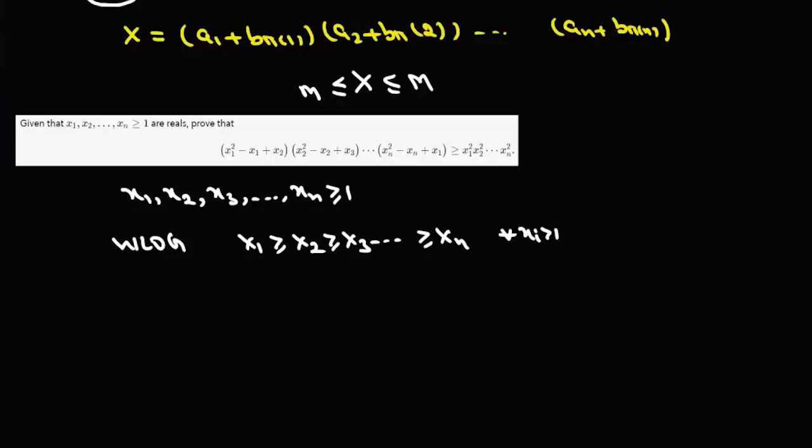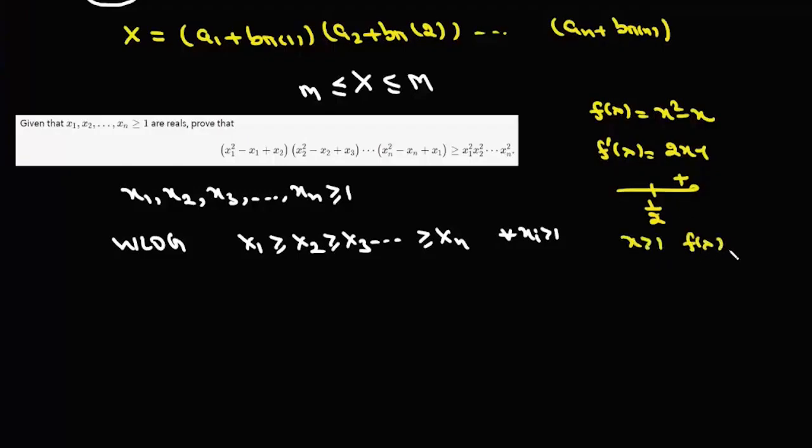Now if we consider this function f(x), which is x square minus x, then f dash x is 2x minus 1. Here the critical point is 1 by 2, it is positive. So whenever x is greater than 1, this f(x) is an increasing function.